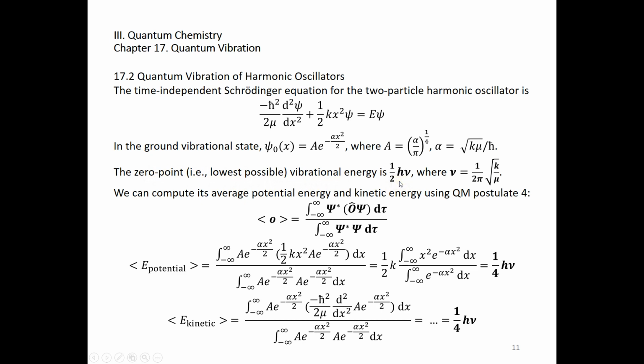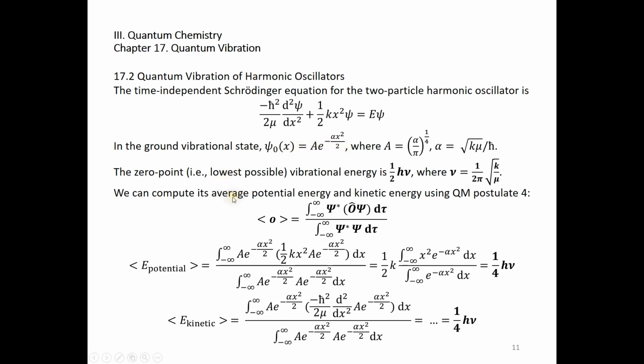On the previous page, nu is 1 over 2 pi square root of k over mu. Again, this is also 1/2 h bar omega, where omega is 2 pi times nu, and h bar is h over 2 pi.